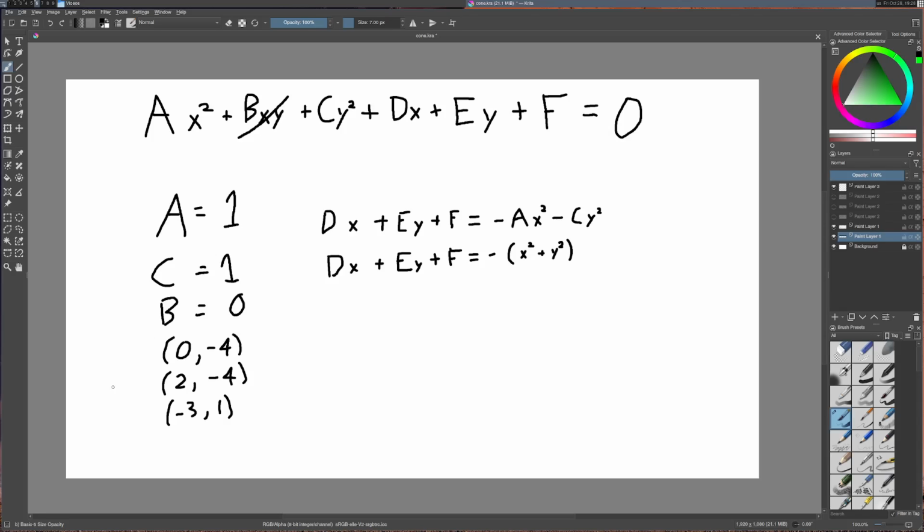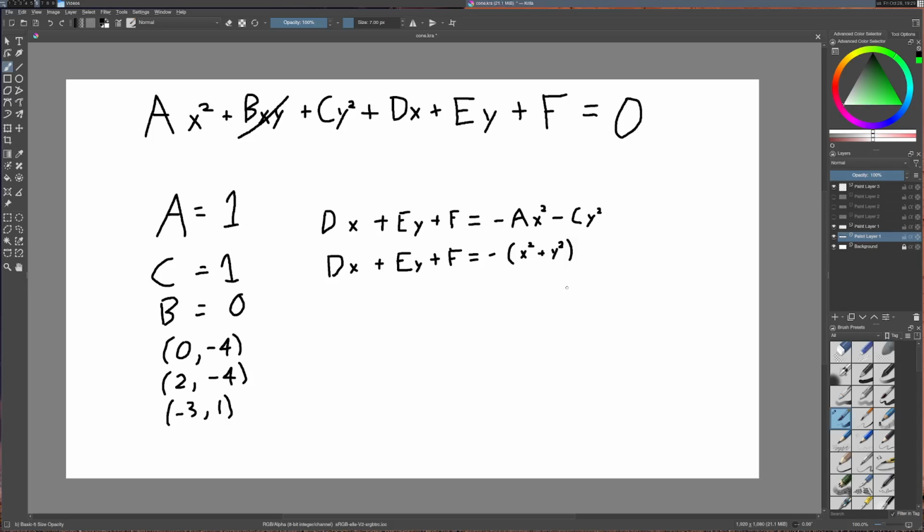Now, finding circles is the easiest type of these problems, but you could apply this to anything. Since we know the coefficients of a and c, we put them on the right hand side of the equation. And since we know that it's 1, we just replace it as 1 and we get this.